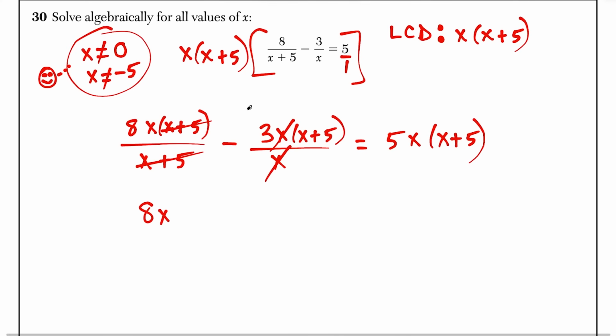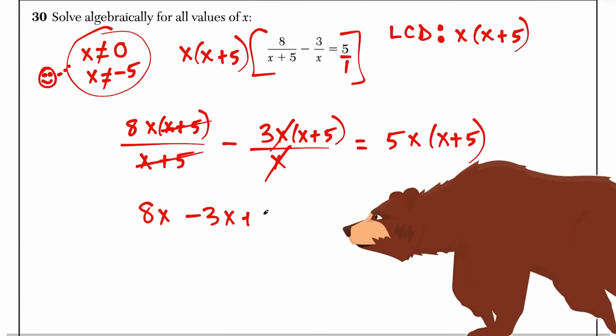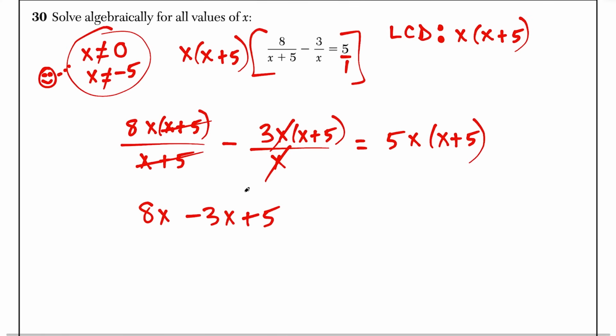And then be very, very careful here. It's very tempting to say this, but saying minus 3x plus 5 is a very dangerous bear trap. We have to make sure that the parentheses carry down like this, because what we're going to have to do in a moment is distribute the minus 3, which is going to change the signs of both of these terms on the inside.